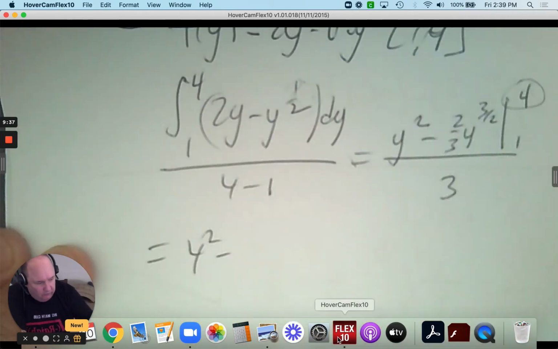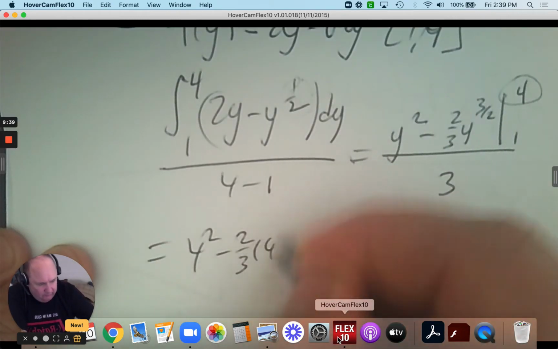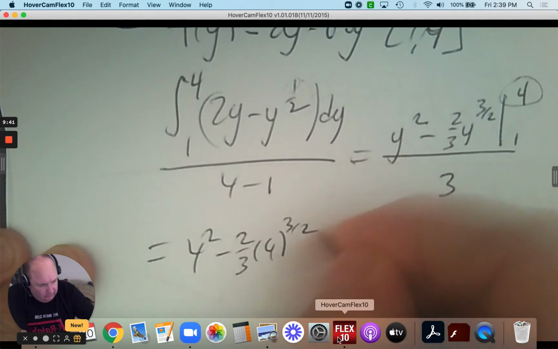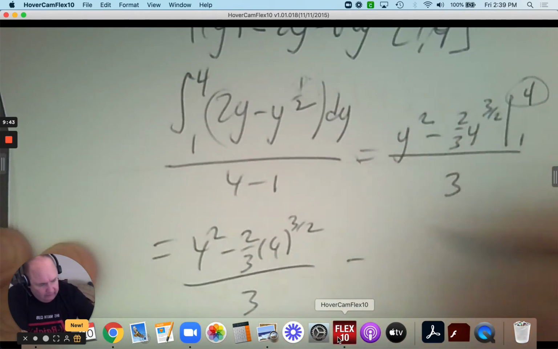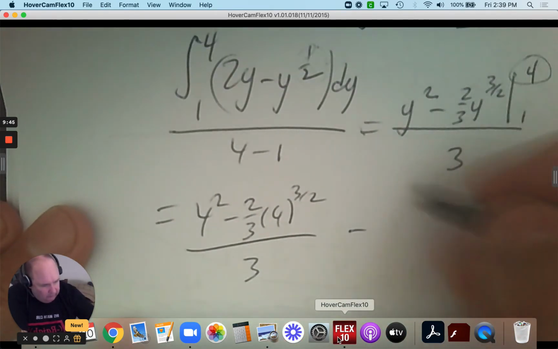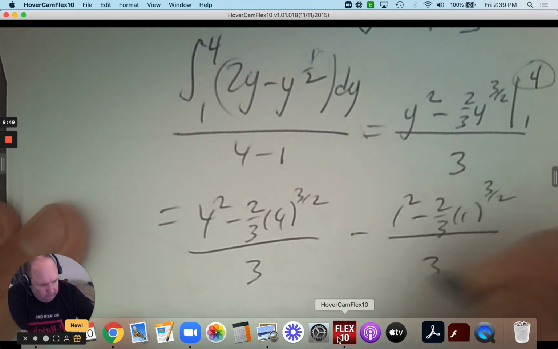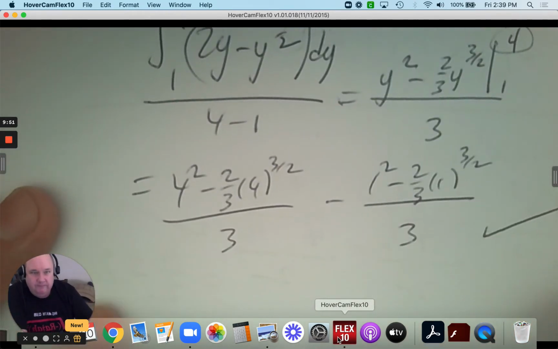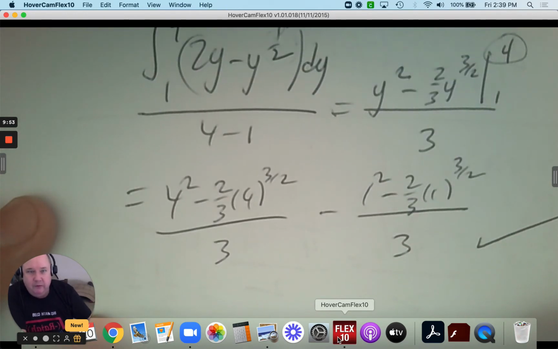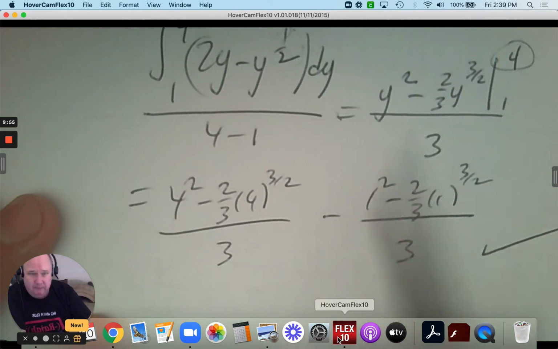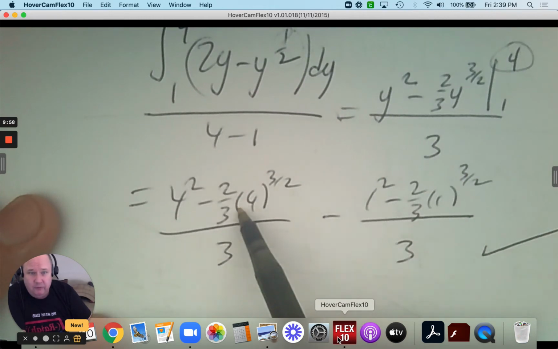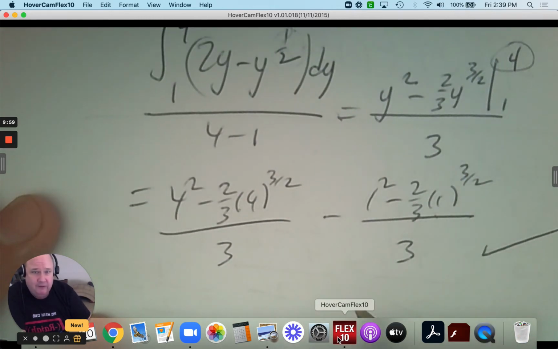That's 4 squared, subtract 2/3, 4 to the 3 halves, all divided by 3, subtract. Now what do you substitute in? Positive 1. And we have our answer: the upper bound, subtract the lower bound. Just practice copying it perfectly. And then just substitute in 4, substitute in 1, and it's done.